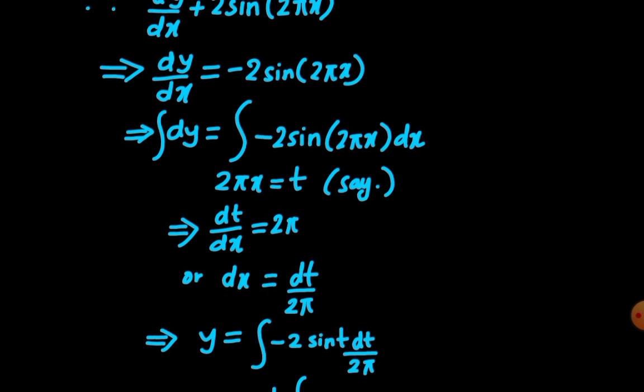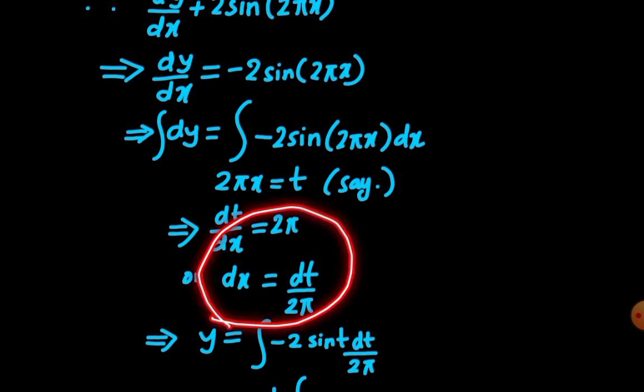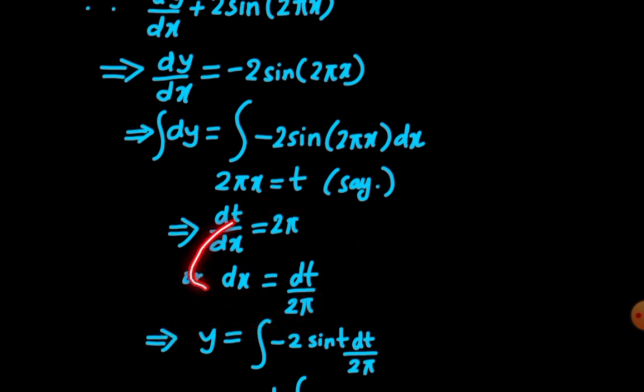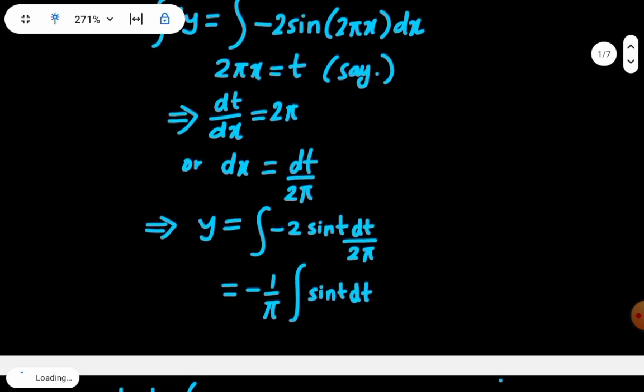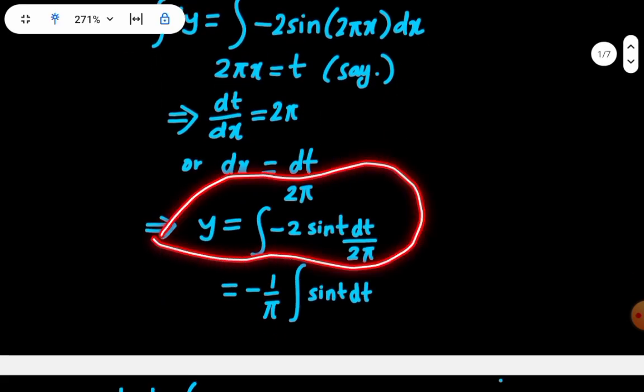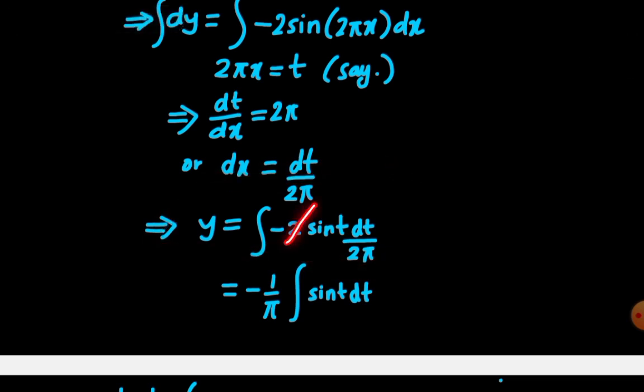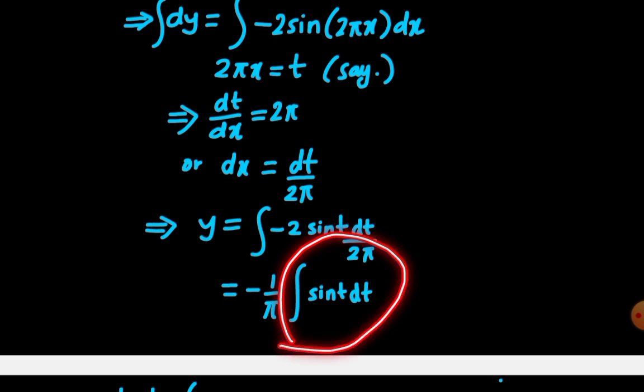Now that we have obtained the relationship between the differentials of x and t, we can simply substitute it into our original equation, and hence we get this particular integral, where we can clearly see we can cancel out the 2's and take the minus 1 by pi outside, because these are constants, and integral sine t dt as our final integral.